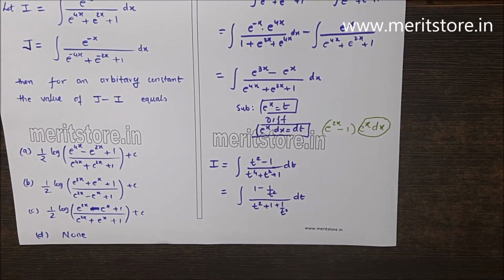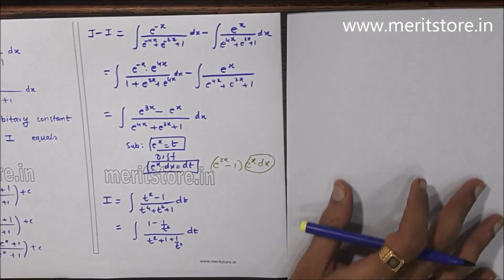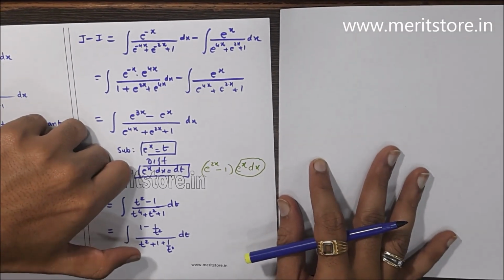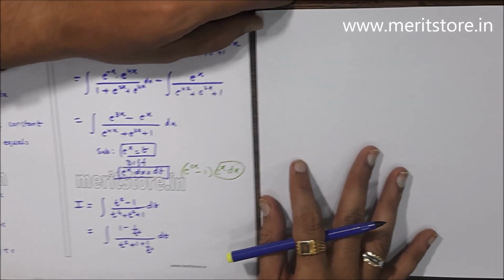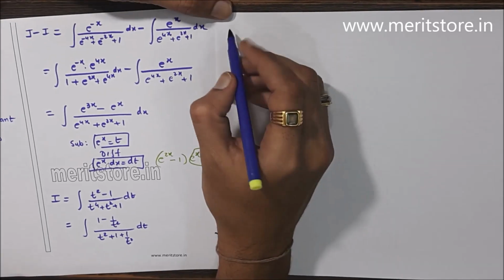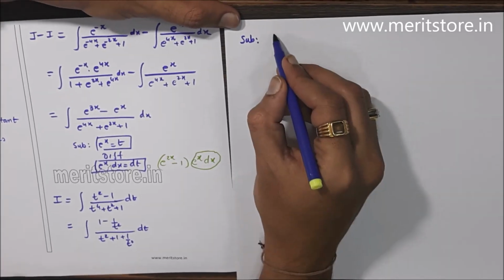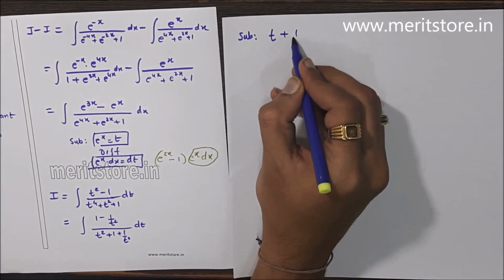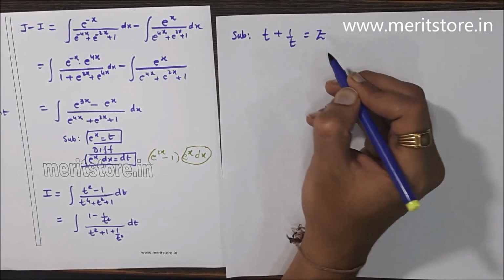Now, after this step, we will substitute t plus 1 upon t as a different term. Substitute t plus 1 upon t equal to a term, say z.